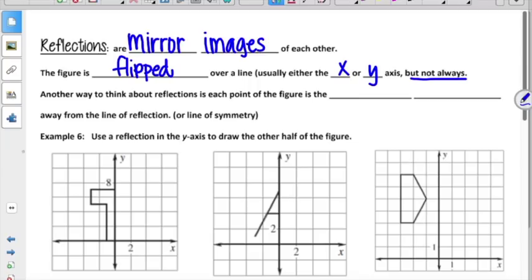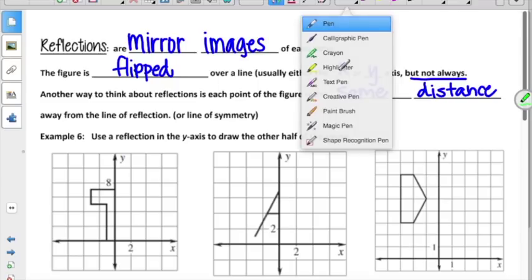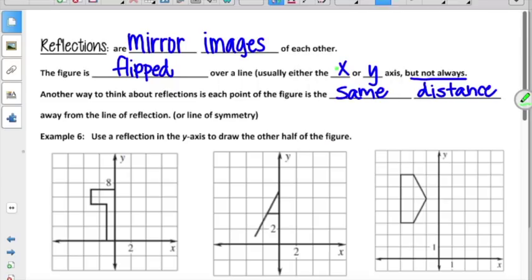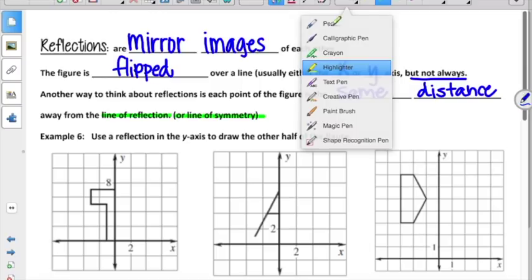In these three examples, our line of symmetry is the y-axis. And what we're asked to do is to draw the other half. So for the first one, our y-axis is our line of symmetry or line of reflection. So it's going to be a mirror image on the right-hand side. So we just need to continue drawing that figure.